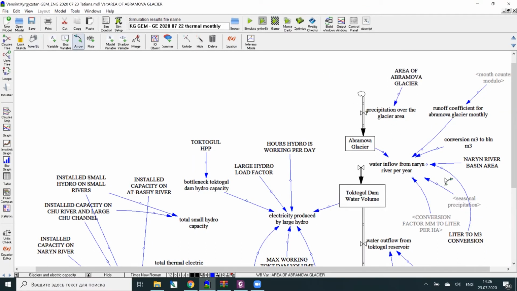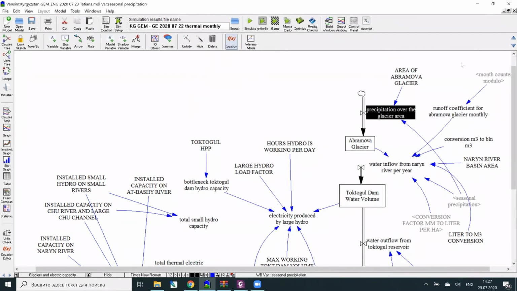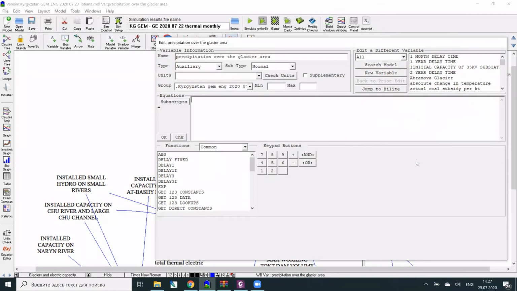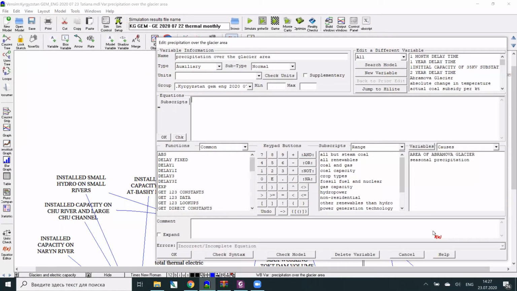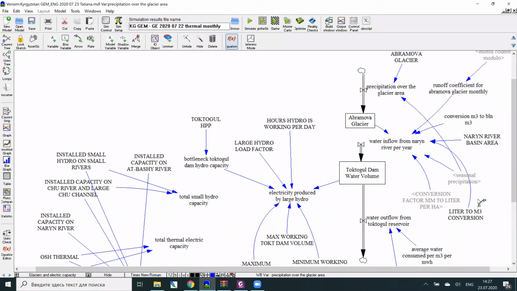And we have seasonal precipitation. And then we already have this one converting to liters per hectare, and then we have the conversion of liters to cubic meters, and we need square kilometers to hectare.